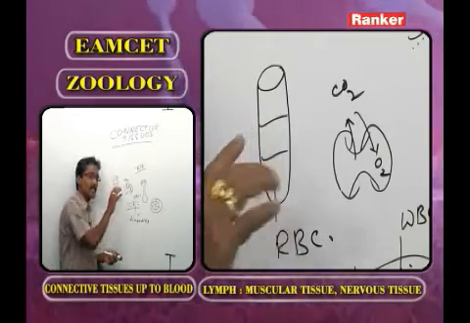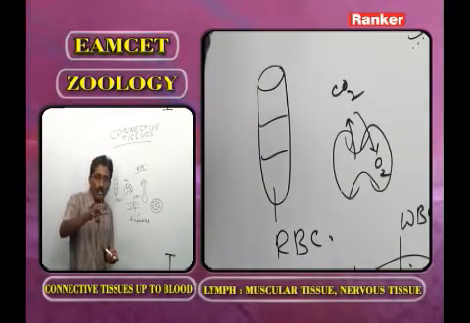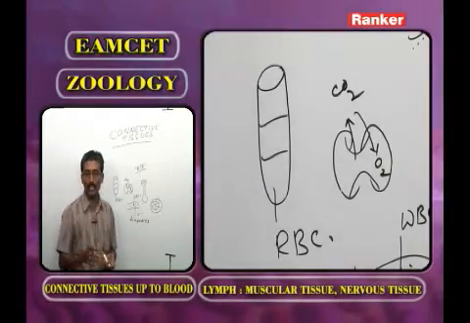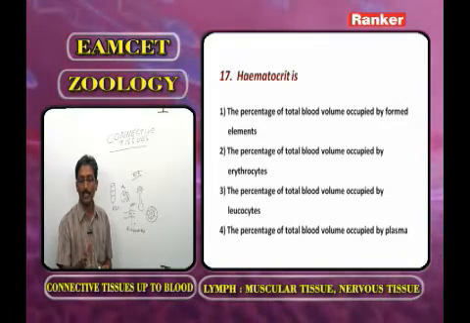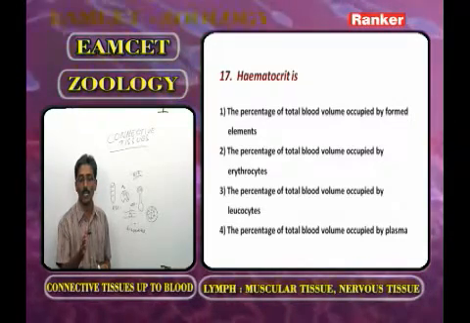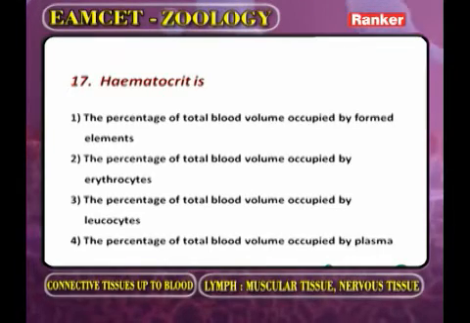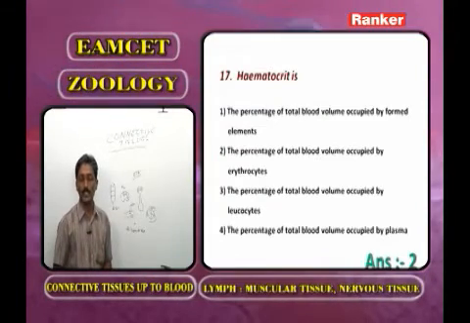Above that, what is present? A white buffy coat that we call WBC. Now we are getting an idea regarding this question. What is the answer for the hematocrit? You identify the answer for this question. The percentage of total blood volume occupied by erythrocytes. The answer is 2. What is the erythrocyte? Nothing but the RBC. Now go for the next question.